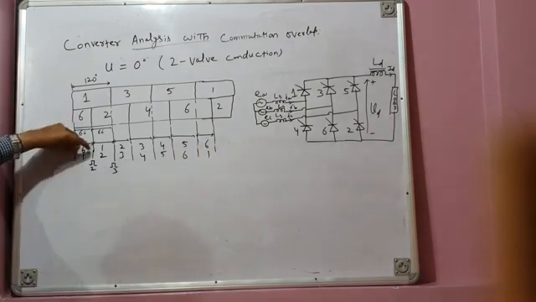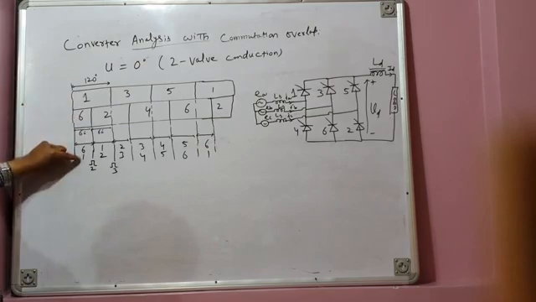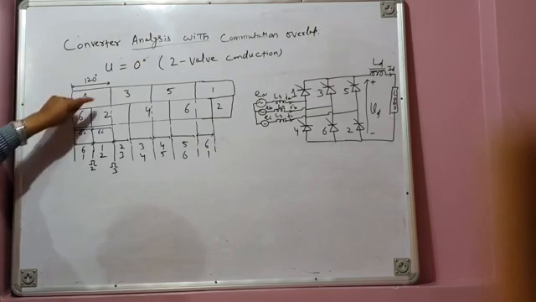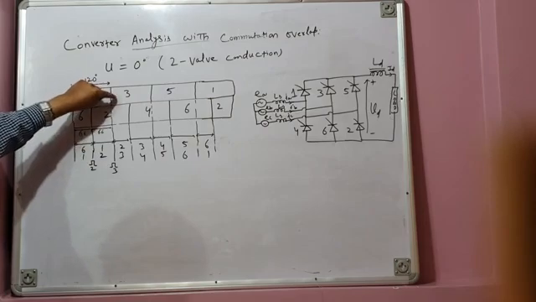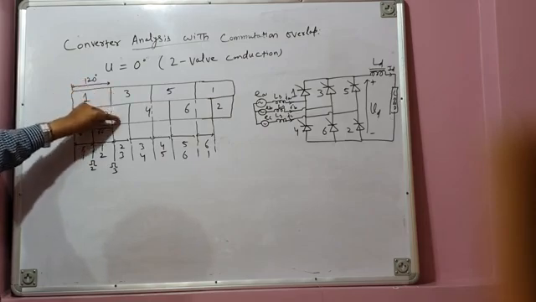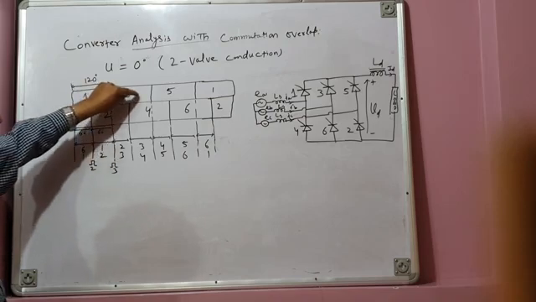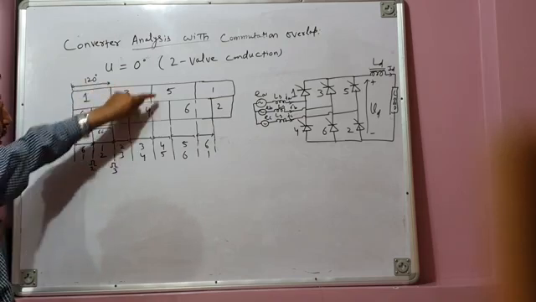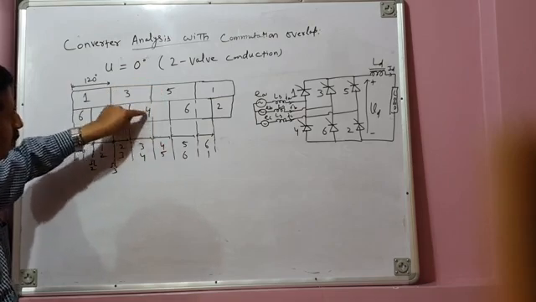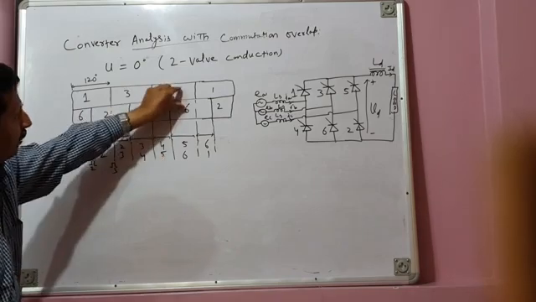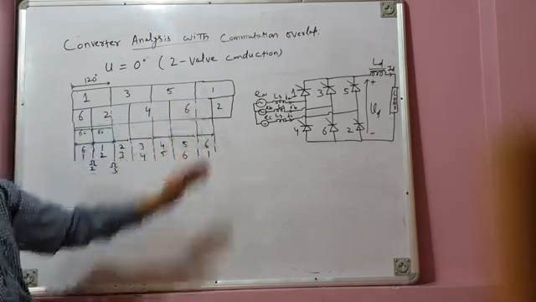So during the first 60 degree interval, 6 and 1 is the pair of valves conducting. During the next interval, 1 continues and 2 comes: 1, 2. Then 2, 3, then 3, 4, then 4, 5, then 5, 6, and 6, 1 repeats.